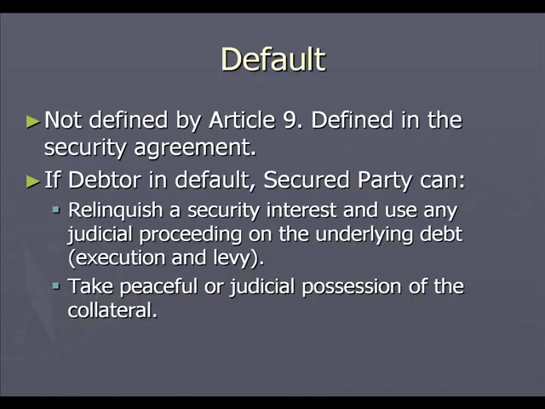They can't do things like trespass or pull guns or do things that otherwise violate safety and peace. Or you can go through the court system to have them do the repossession, and then the police will go and do the repossession for you. But that's going to cost you a little bit more.